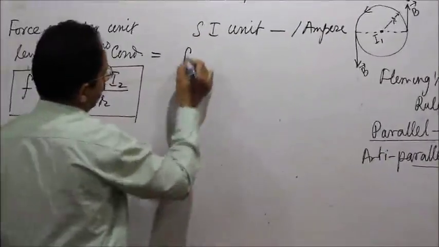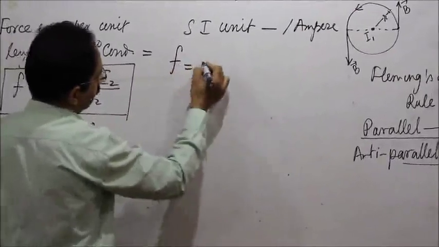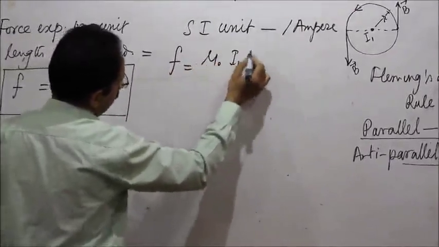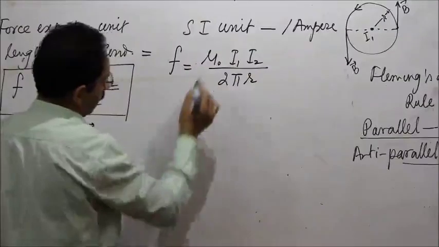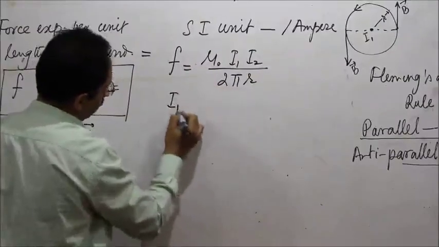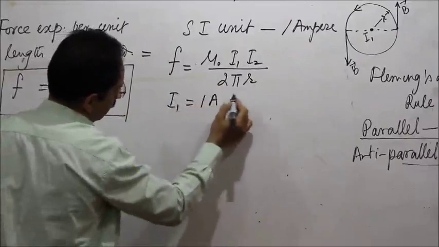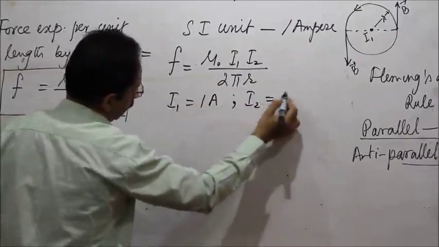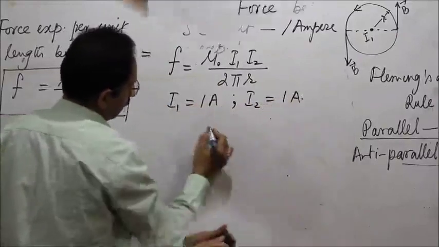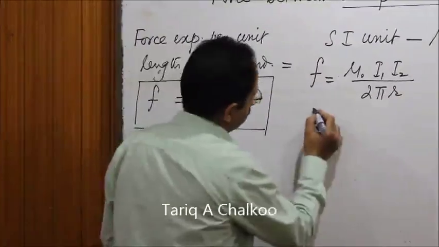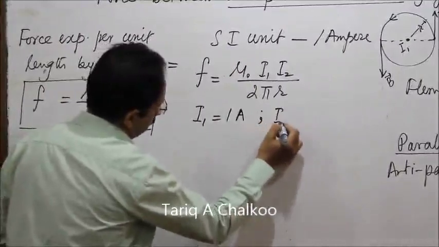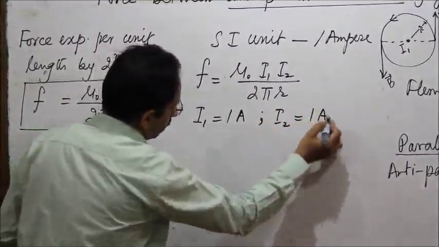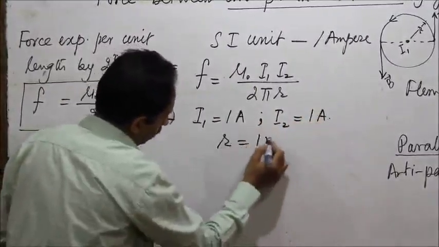When I say that the force acting per unit length is equal to mu 0 I1 I2 divided by 2 pi r, we can substitute I1 equal to 1 ampere, I2 equal to 1 ampere, r equal to 1 meter.